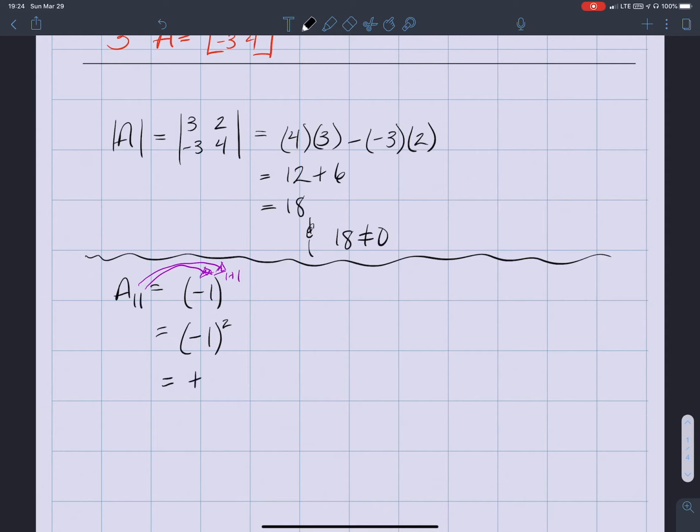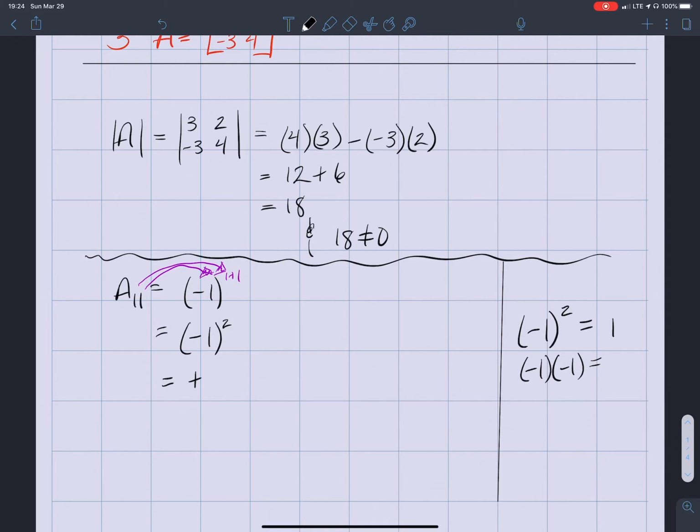We know our answer is going to be positive because, off on the side here, for those of us who don't really know how this works, -1 squared is equal to 1, since 1 times -1 equals 1. So this tells us that our entry at this particular index is positive.